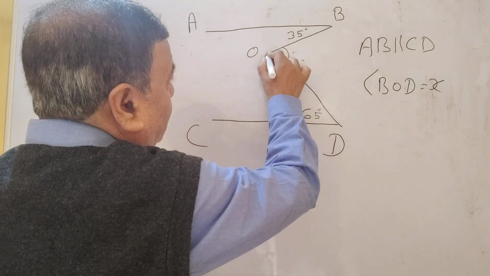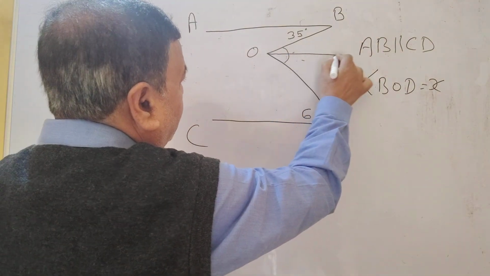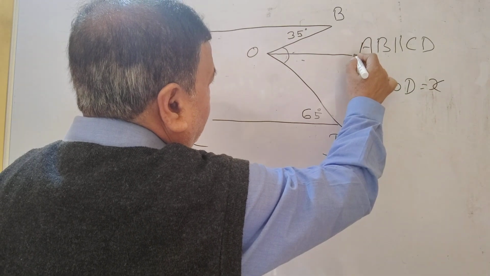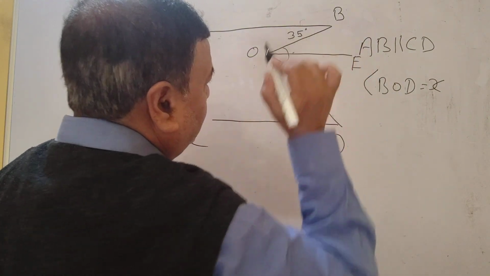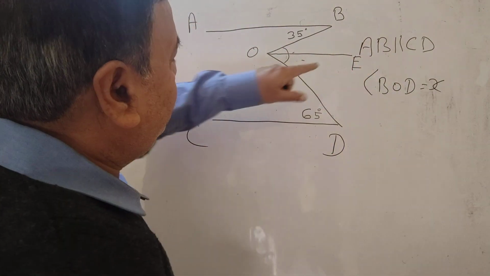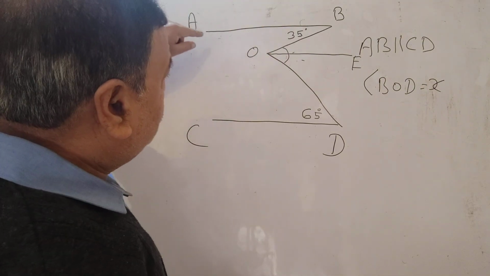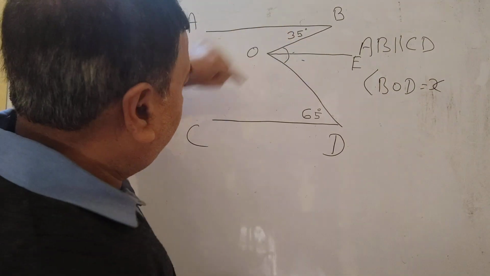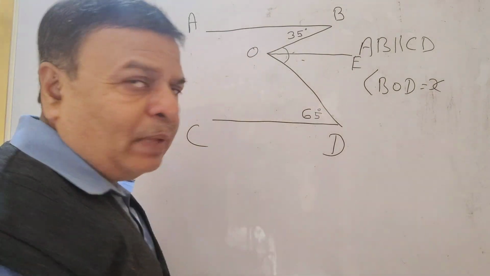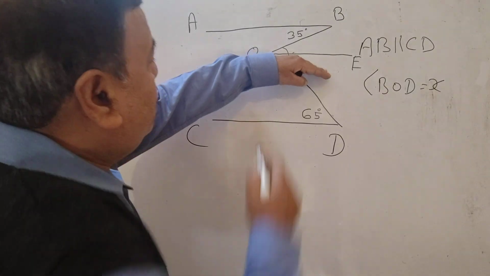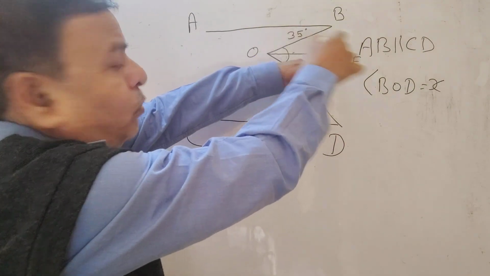We'll draw a line. Suppose this is OE. So OE we draw parallel to AB and AB is parallel to CD. So AB, OE and CD all are parallel to each other. Now concentrate on this part, upper part, AB and OE.